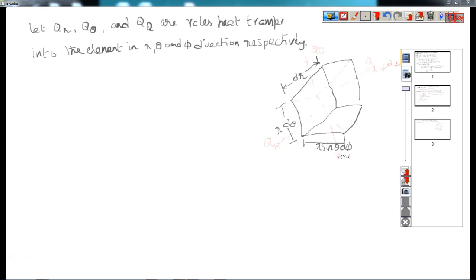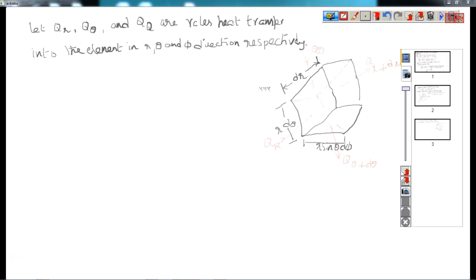Then it is going to be Q theta plus d theta. Okay, right? And the other direction is the phi direction.